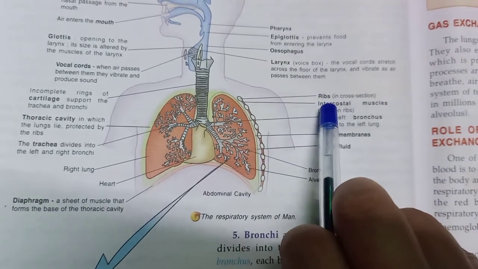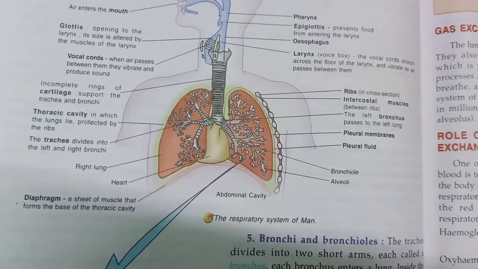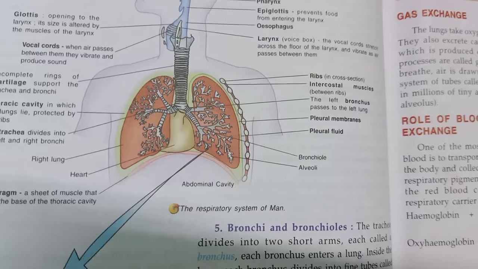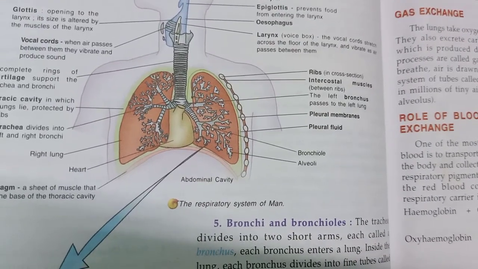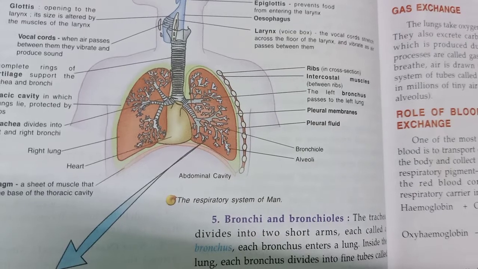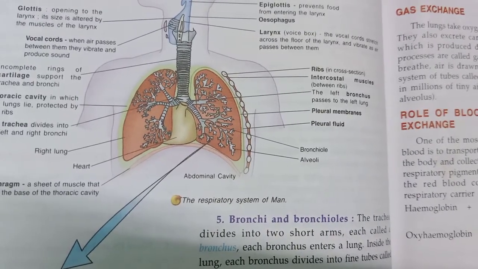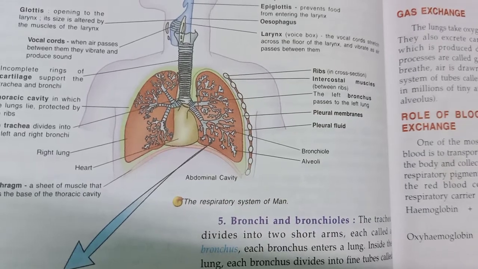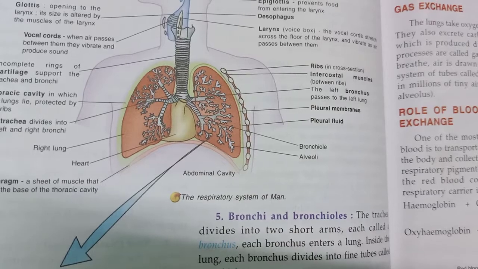Now the ribs: you can see these bony structures here. Then there are intercostal muscles between the ribs. The left bronchus passes to the left lung. Then there are pleural membranes, and in those pleural membranes there is a fluid named pleural fluid.